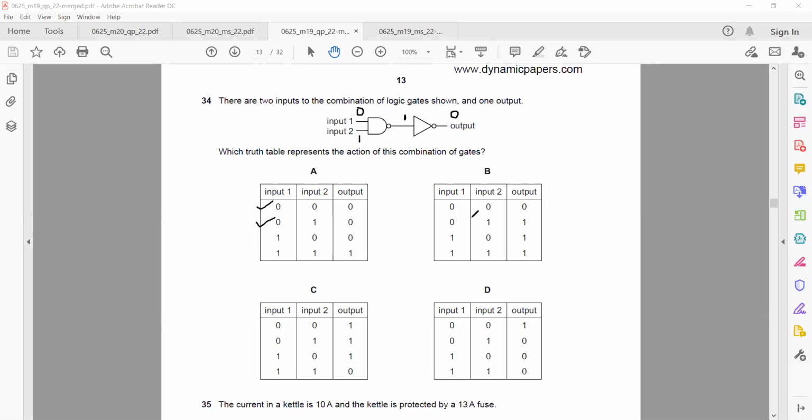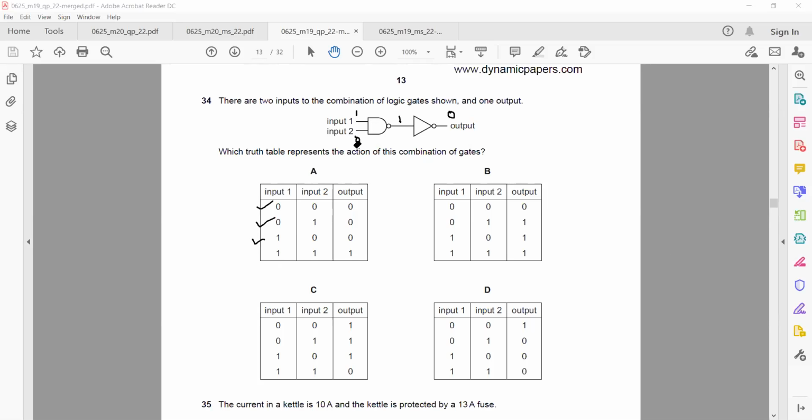So the second statement is also correct. When you check the third one, it is 1 and 0. 1, 0 is 0 for AND gate, but passes through this NAND, so it will make it 1. And 1 passes through the inverter, so it will make it 0. So the third statement is also correct.